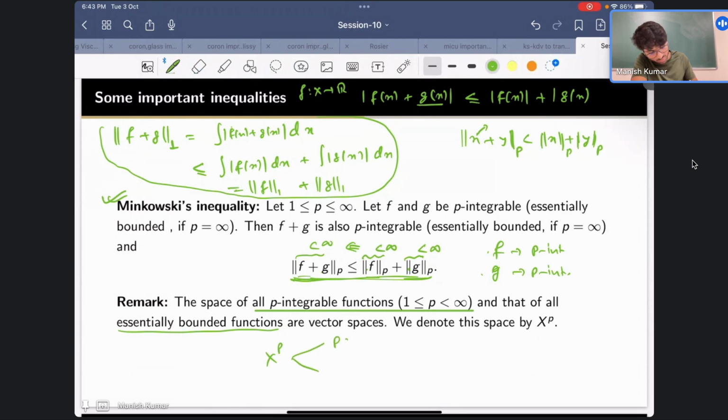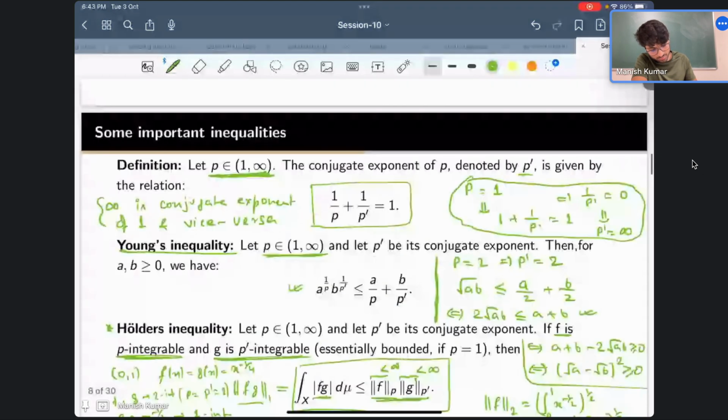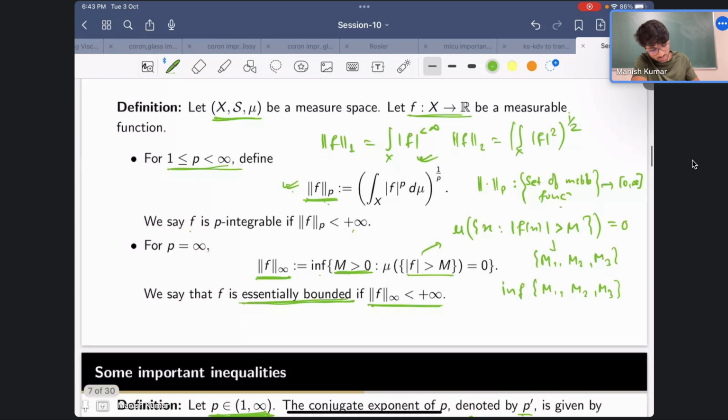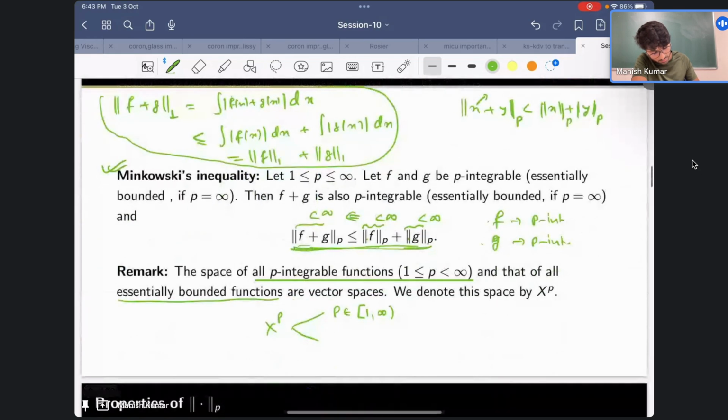When p is between 1 and infinity, we defined this norm as an integral. So f belongs to X p if and only if the norm of f p is finite. That means it is p integrable. But for p equal to infinity, f belongs to X infinity if and only if the norm of f infinity is finite. Okay, so these are called essentially bounded functions.